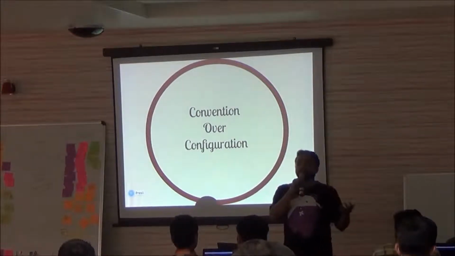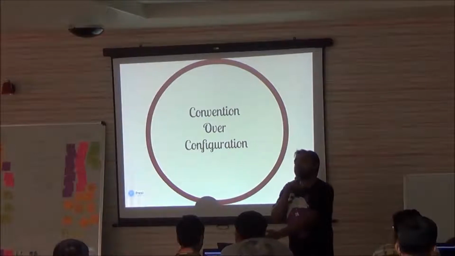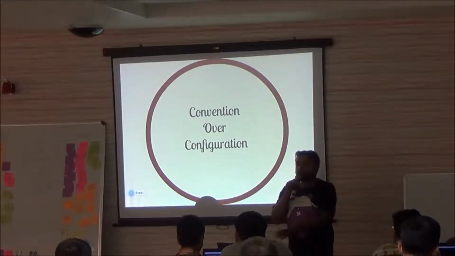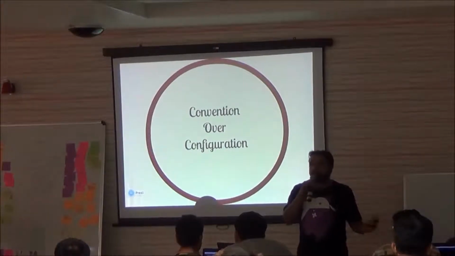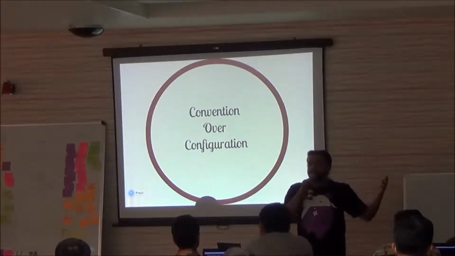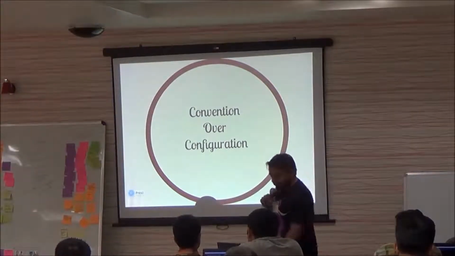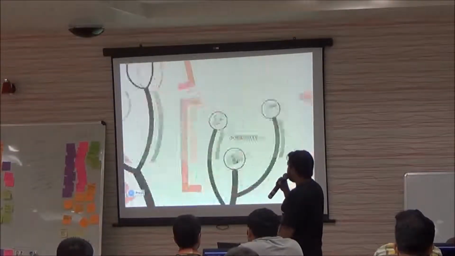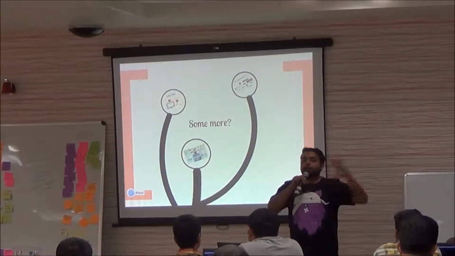I don't need to tell Ember that my user route is going to be called users route, because I already know that it's going to be called users route. And based on that presumption, I can automatically define and use it. There is no configuration that I'm going to put into picture, right? So now, let us move into something a little more interesting, right? So we're going to do a little hands-on.